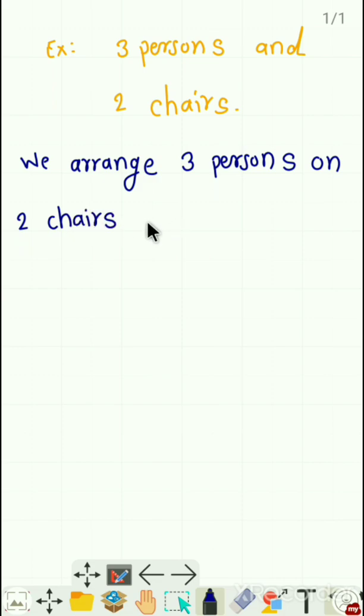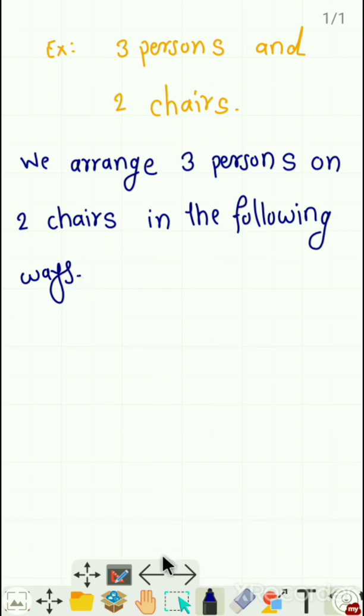We arrange 3 persons on 2 chairs in the following way. We have 3 persons and only 2 chairs.